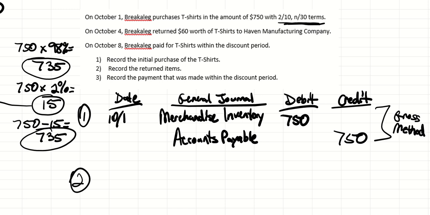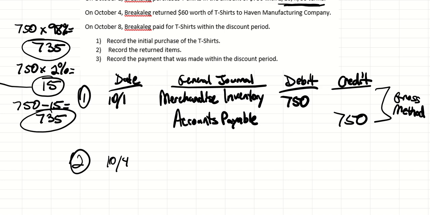On October 4th, Break a Leg returned $60 worth of t-shirts to Haven Manufacturing Company. So number two, record the returned items. The items were returned on 10/4. To record the returned items, we're just going to take the first entry and reverse it. We're going to flip it. Since items were returned, we're going to debit accounts payable for $60.